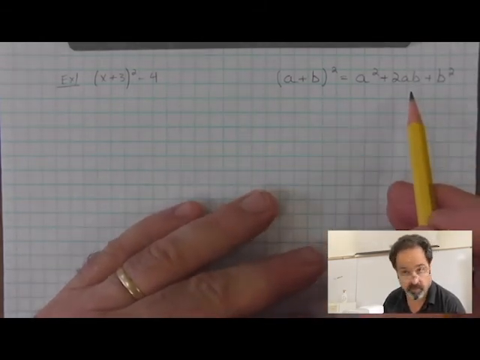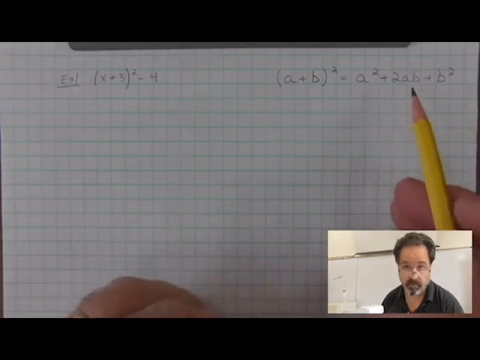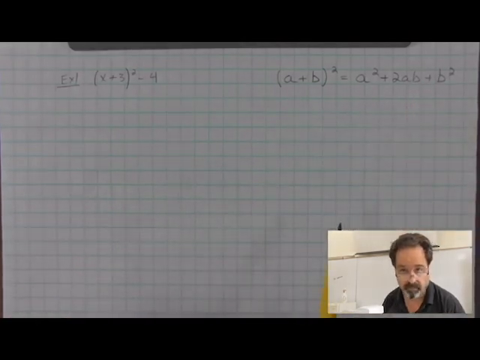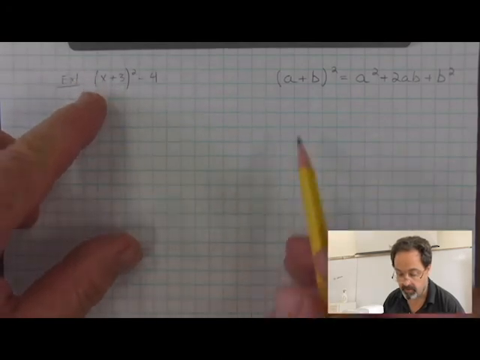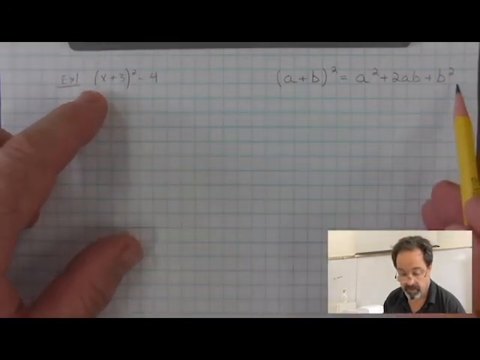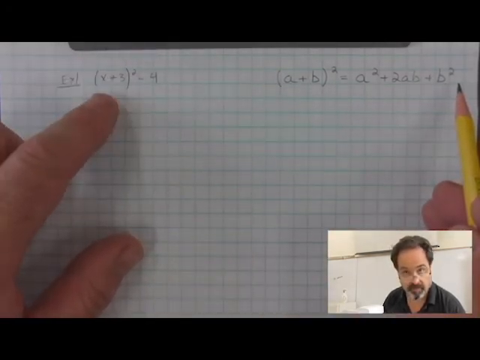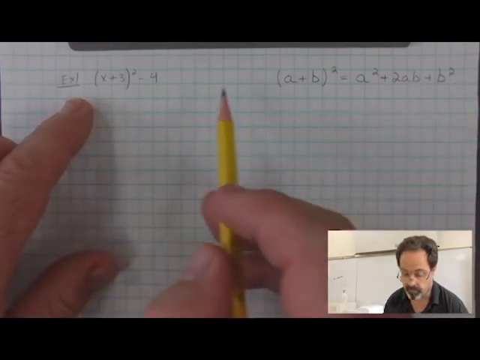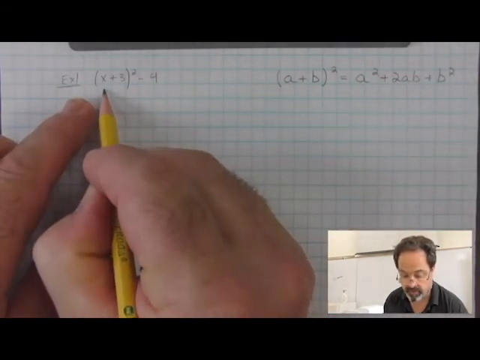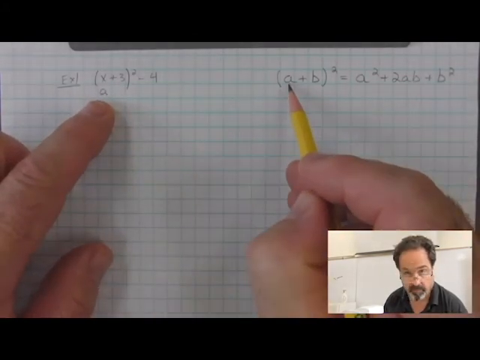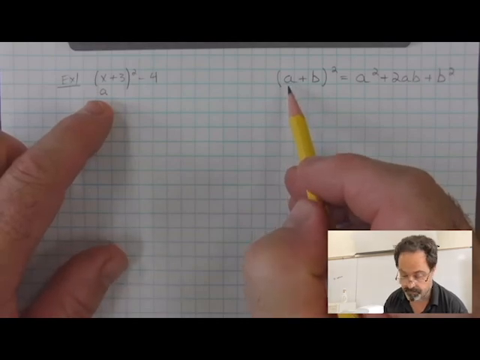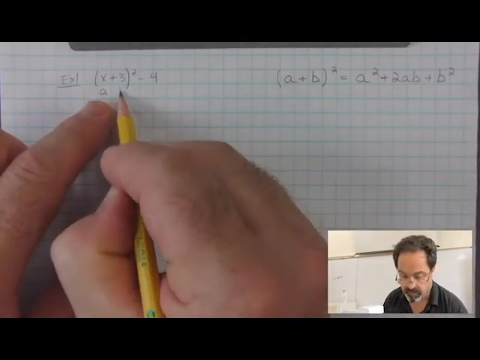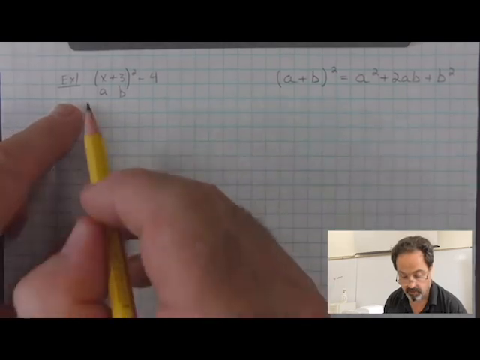A and b could be numbers, they could be variables, or they could be expressions combining variables and numbers. This is a property, and we can apply it to (x + 3)². When we do, we're thinking of x as the a part in the general expression, and 3 as the b part, and we follow the pattern.